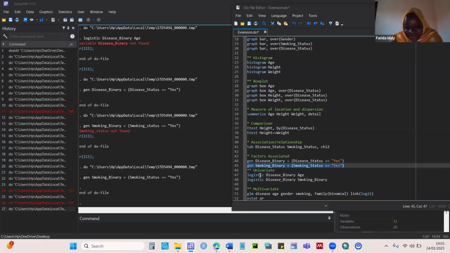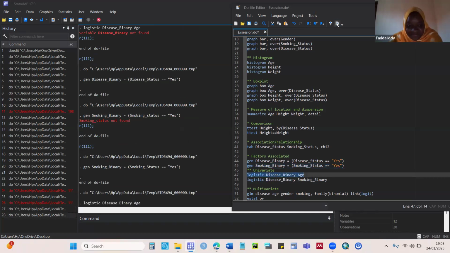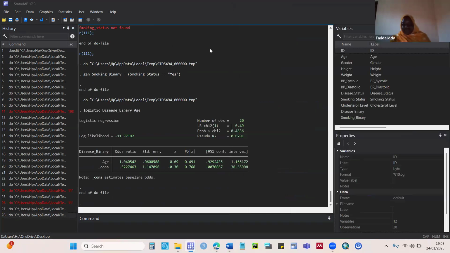So this is a result for one univariate. As I explained, it's an odds ratio, and this is a continuous variable, which is age. In the interpretation, if you look at our p-value, it is not significant, but let's forget about p and focus only on interpretation. Let's assume it's significant and you have this odds ratio of 1.04.